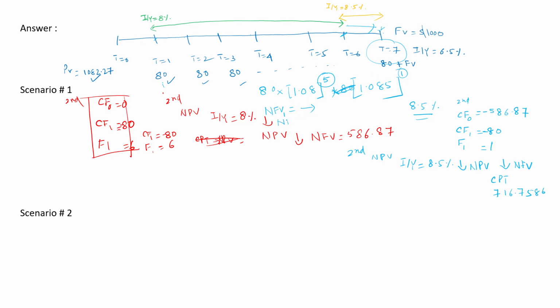So similarly, the second cash flow, NFV2, is going to be again 80, but this time it is 1.08 to the power 4, and this gets multiplied by 1.085 to the power 1. Because all of these cash flows at this terminal period are going to be compounded for only 1 period with the new rate of interest.